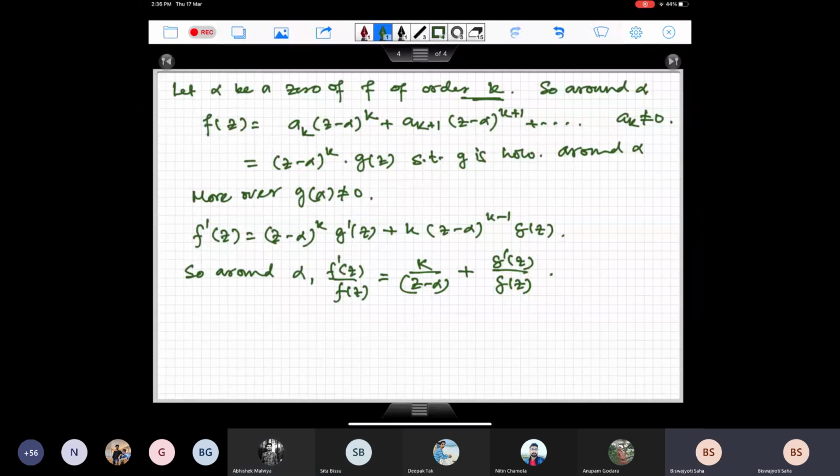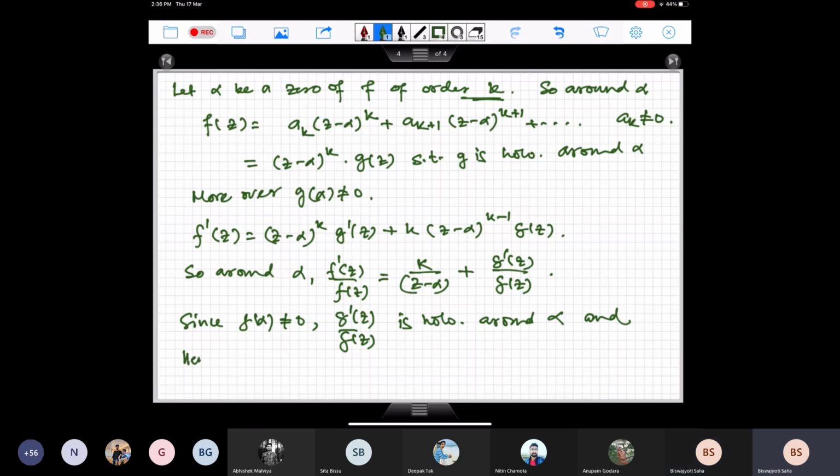Since g of alpha is not equal to 0, g prime z divided by g z is holomorphic around alpha, and hence f prime z upon f of z has a simple pole at alpha with residue k.